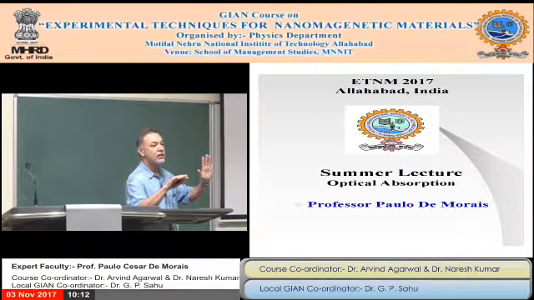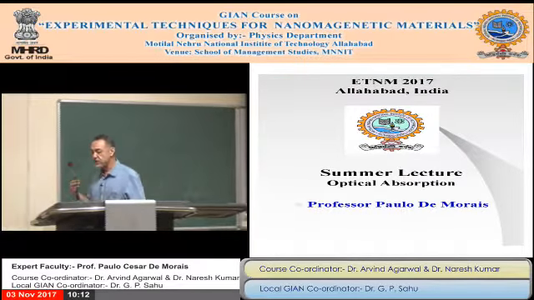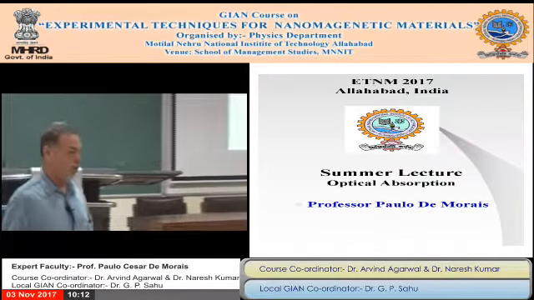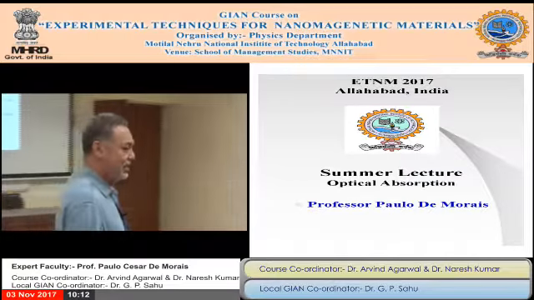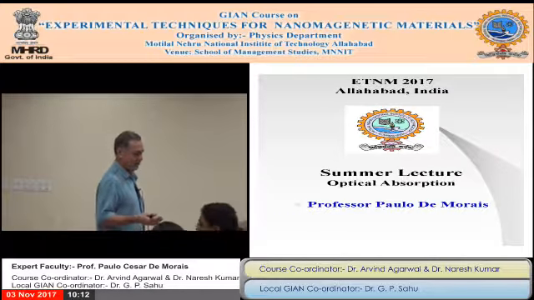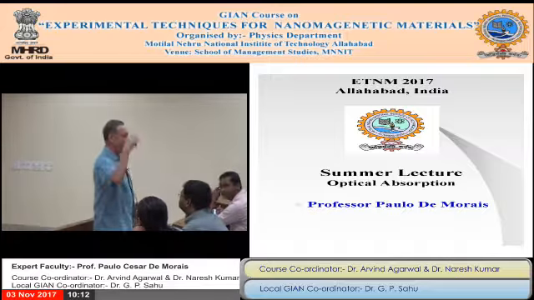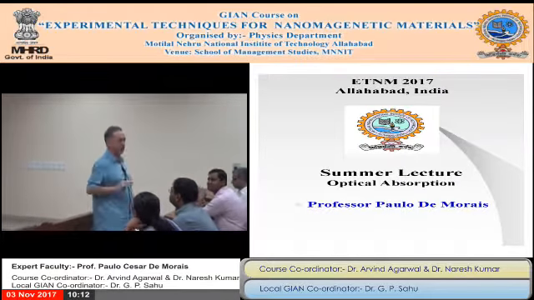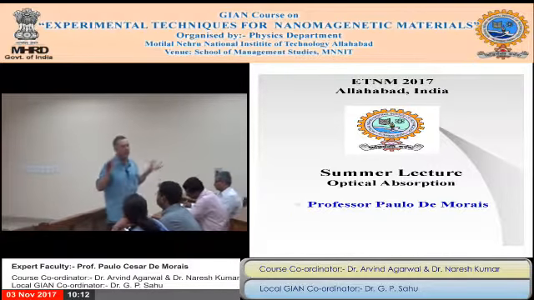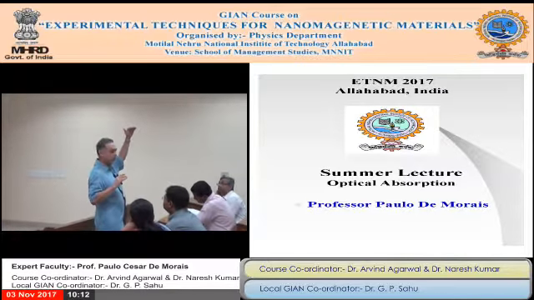absorption and luminescence. So luminescence, you might call photoluminescence or fluorescence or phosphorescence. It's the same. The difference is the lifetime of the excited state. So typically photoluminescence is on around nanoseconds in the excited state.